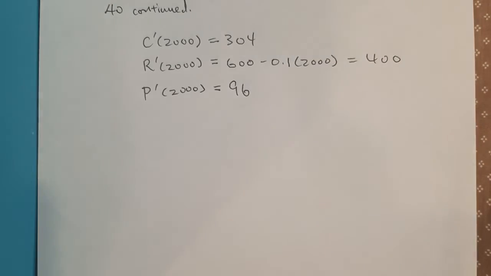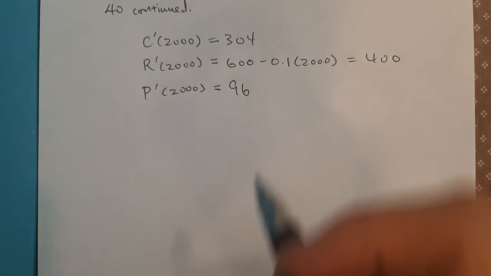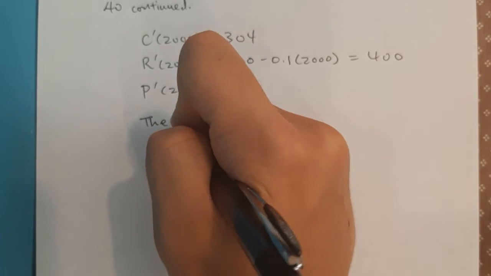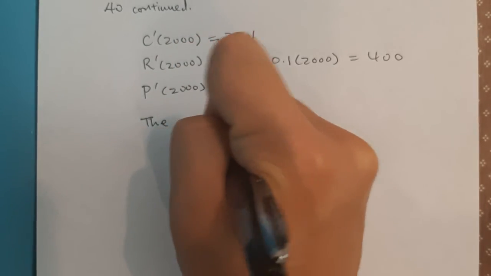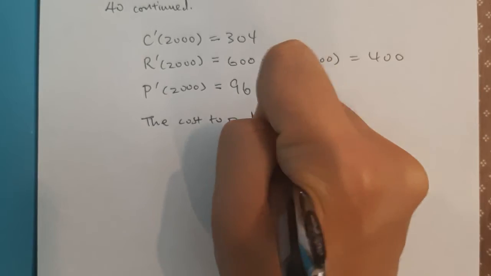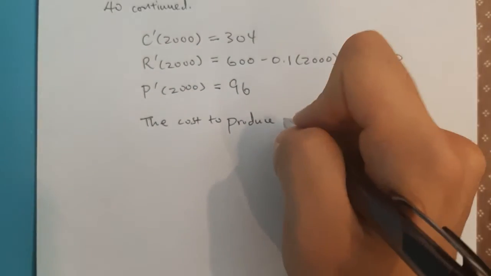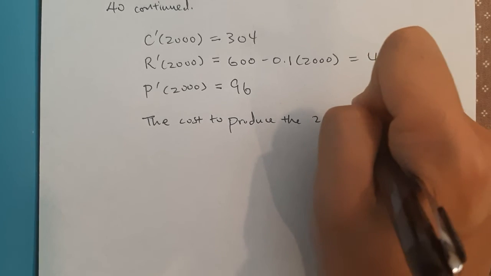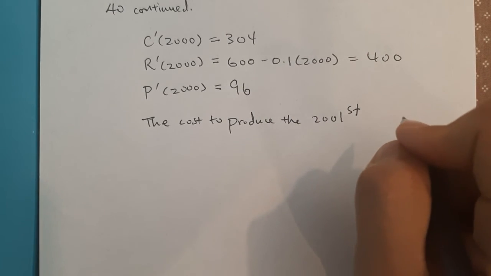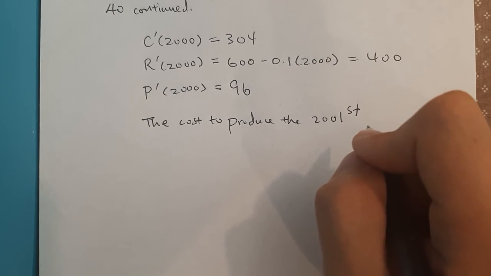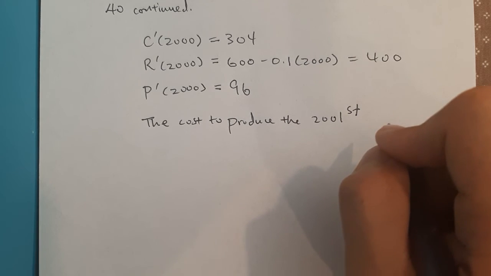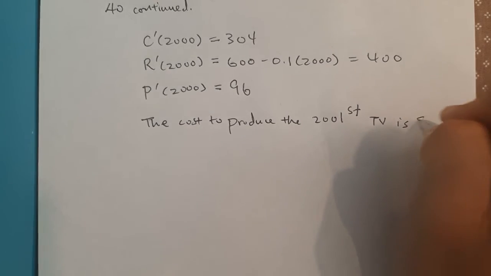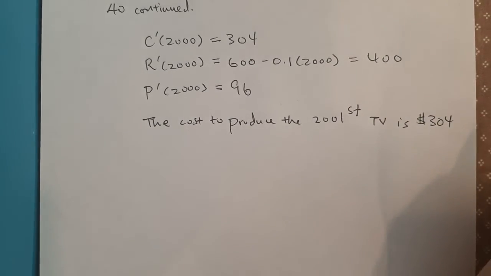Interpret your results. So here, the cost to produce the 2001st item, the LED television, is going to be $304.